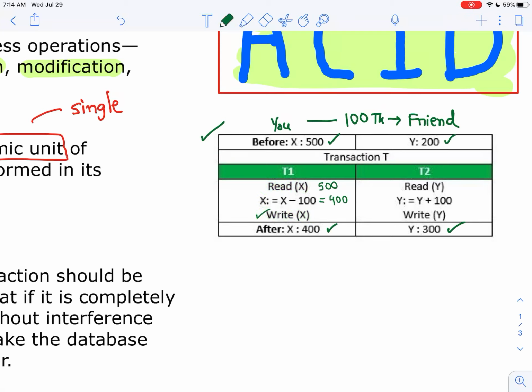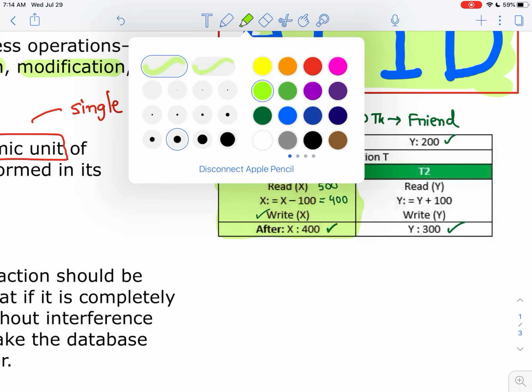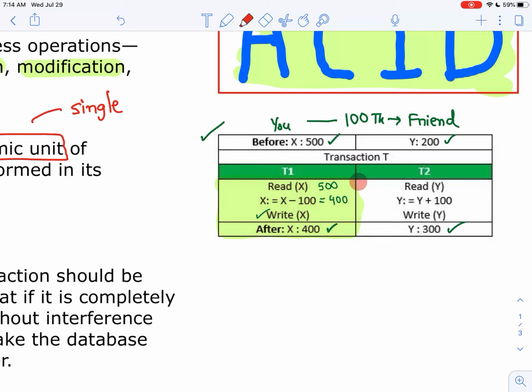Now imagine this part of your transaction gets executed, so you're left with 400 taka. However, for some reason this part does not get executed. So what's going to happen is that your friend, instead of having 300 taka, is going to be left with 200 taka, and you're down 100 taka, which is now basically lost.